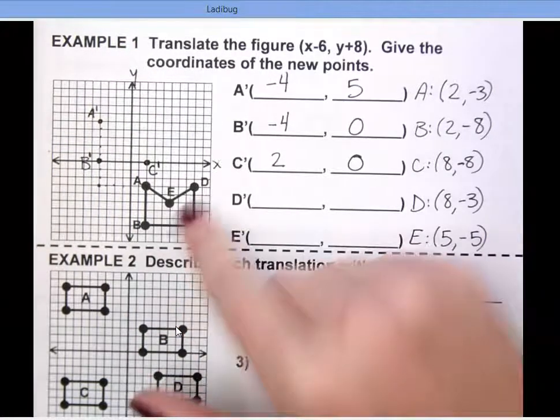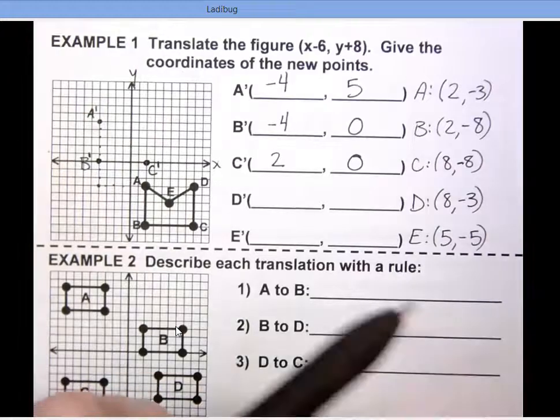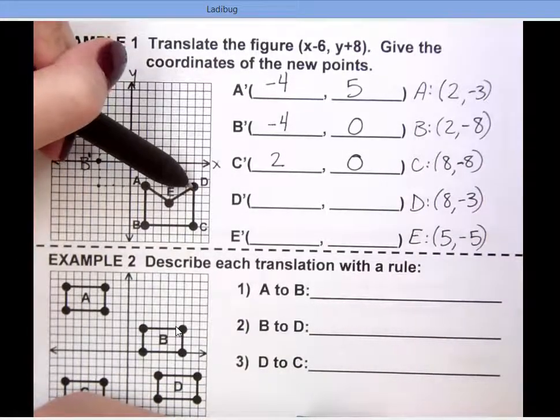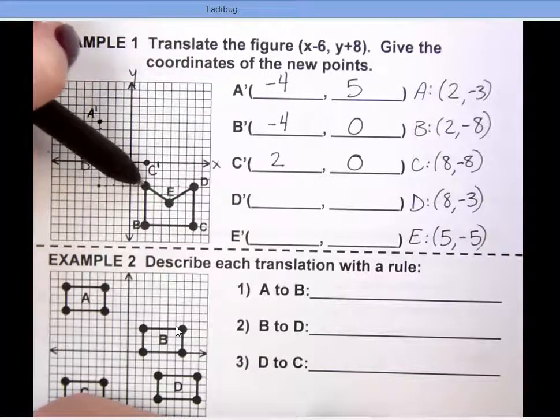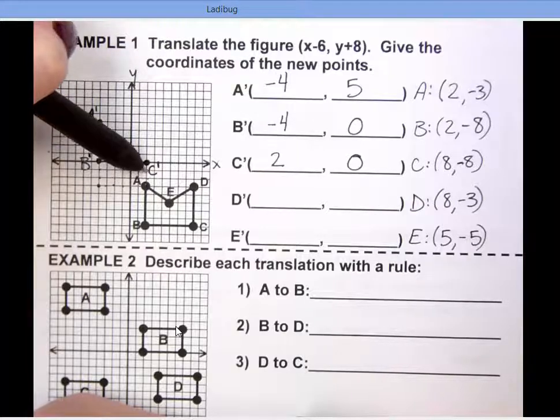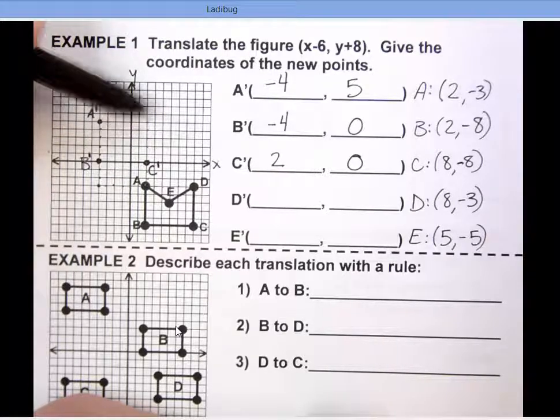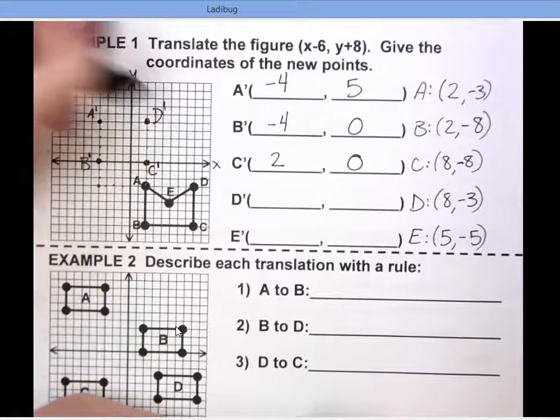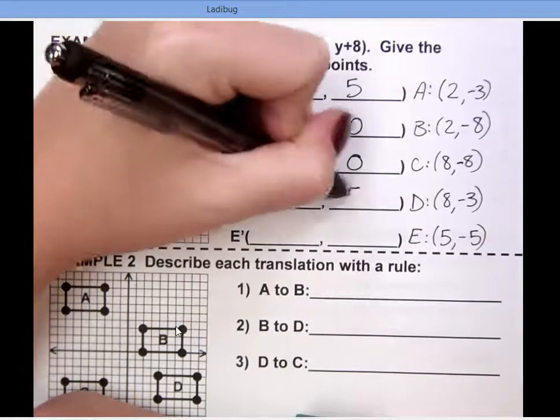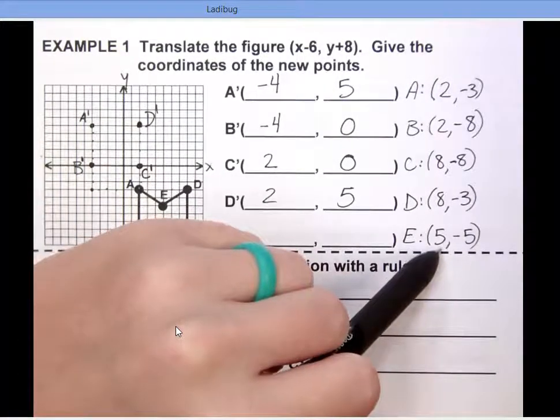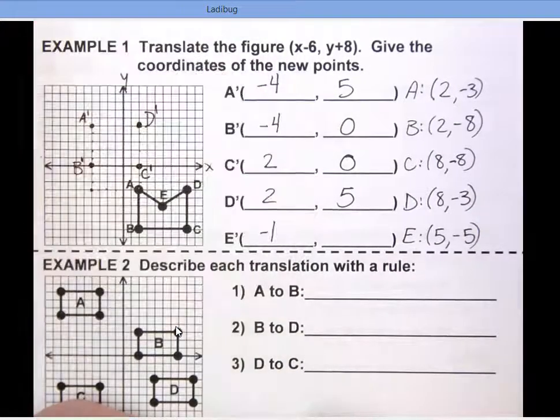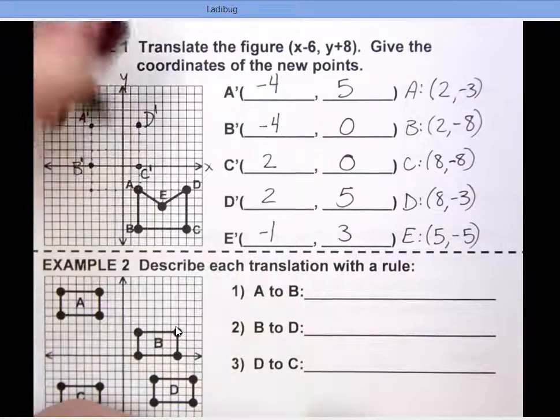Okay, now I'll go ahead and count again, just to give you another example of that change. So we need to subtract 6, so I'm going to count to the left 6 for the x value, 1, 2, 3, 4, 5, 6, and then we need to go up 8, so 1, 2, 3, 4, 5, 6, 7, and 8, and then that is our D prime, which is at positive 2, positive 5, and then for our E value, we just subtract 6, so 5 minus 6 is negative 1, and then negative 5 plus 8 is a positive 3.